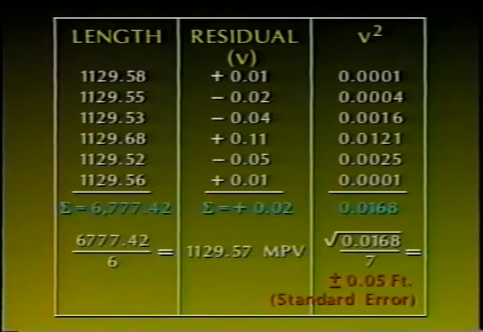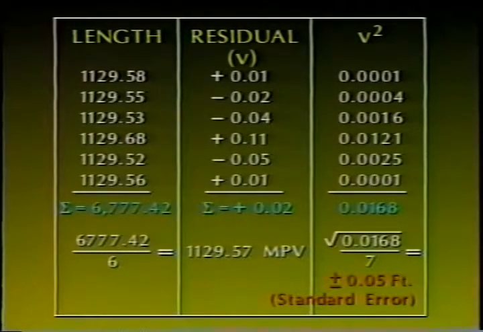Determining the residuals, squaring them, and then totaling them equals a residual summation of 0.0168. When this figure is plugged into the equation for standard error of the set, the result is plus or minus 0.05 feet rounded to 2 places.